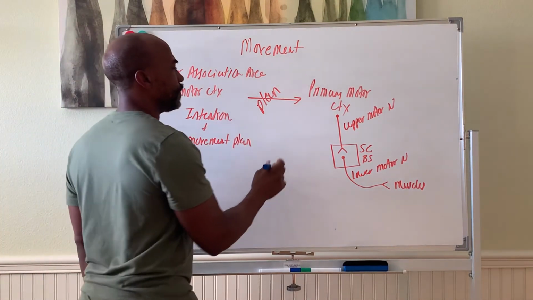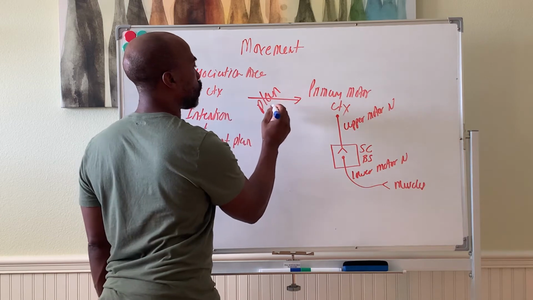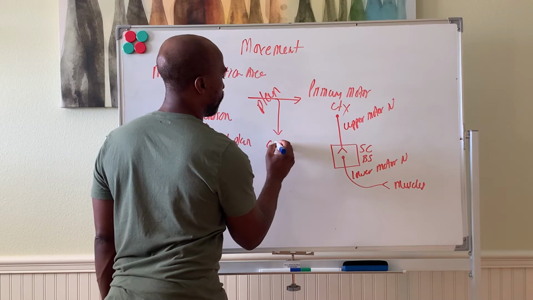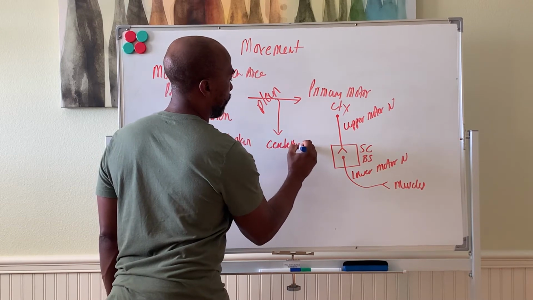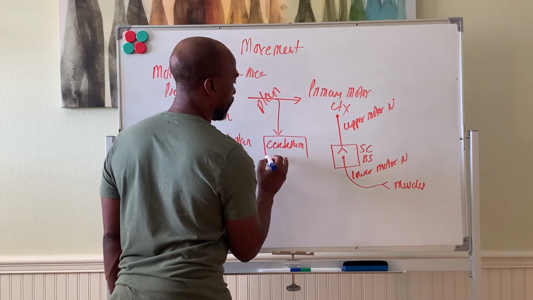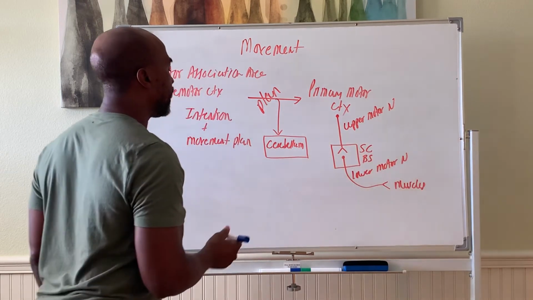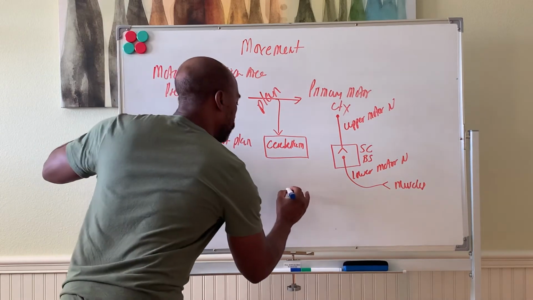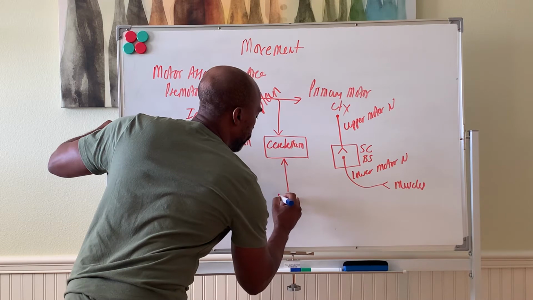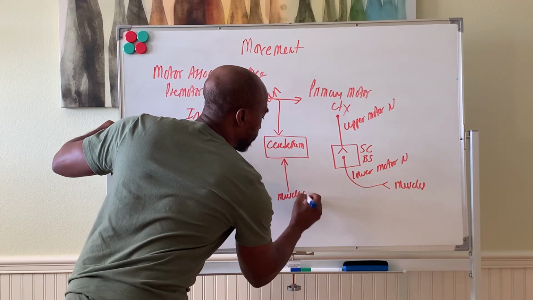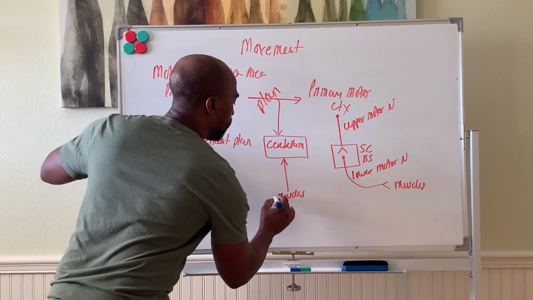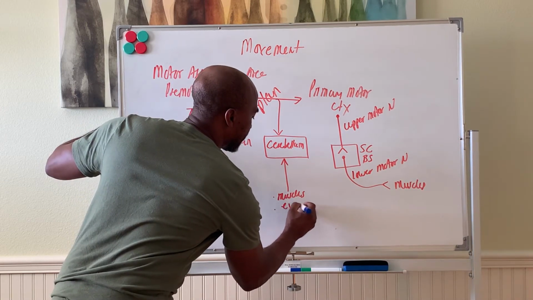Also here, the plan of action is relayed to your cerebellum, so it knows what you're trying to do. And then the cerebellum as well gets input from your receptors, from your muscles, your muscle tendons, your muscle spindles, also your eyes.